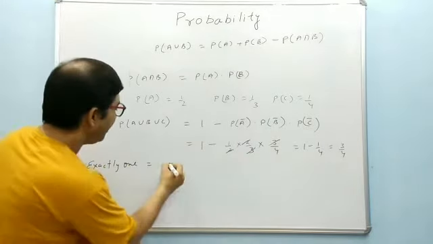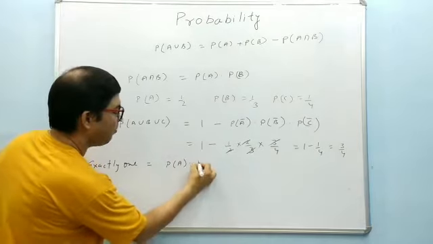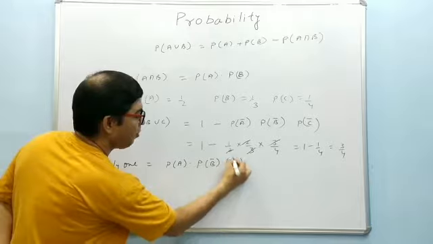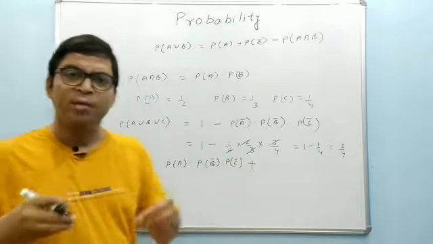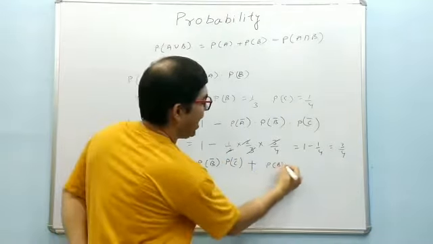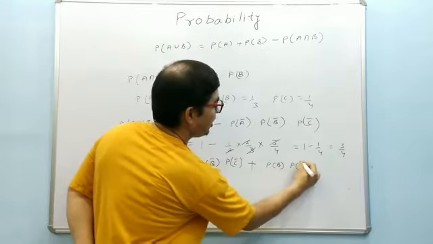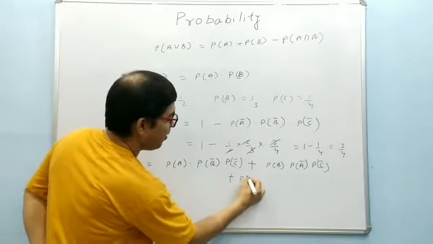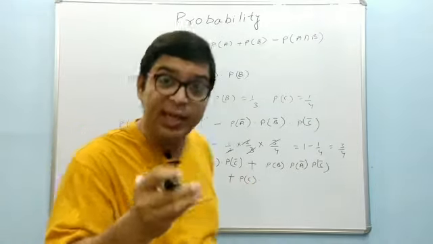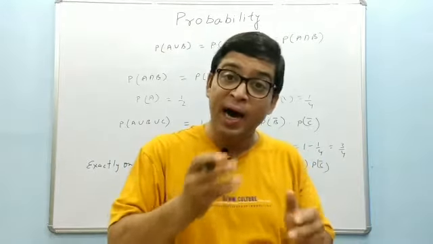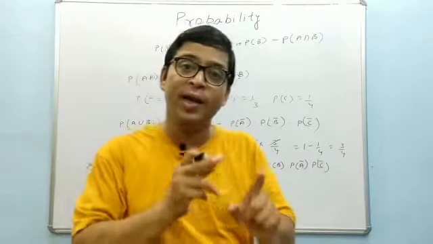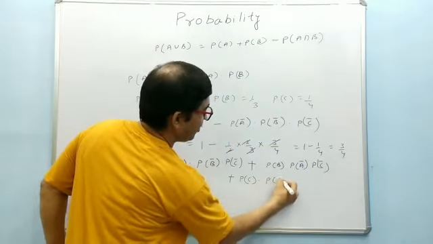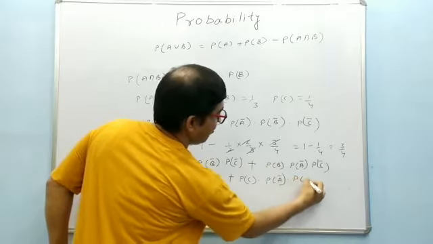This means that A is solving the problem, but B is not solving the problem and C is also not solving the problem, or B is solving the problem and A and C are not solving the problem, or C is solving the problem and simultaneously A and B are not solving the problem. Then only exactly one will solve the problem. PA dash into PB dash.